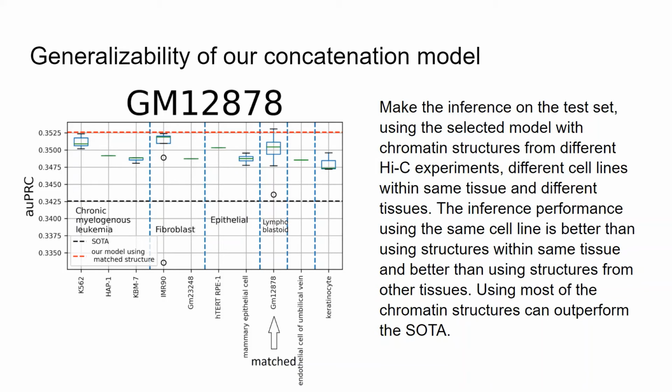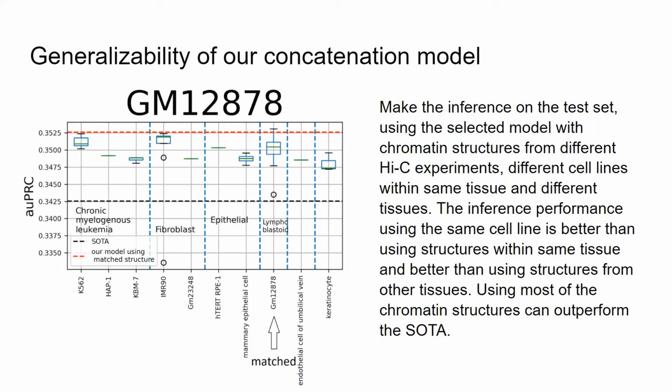Each box plot shows the performance of each cell line, and each point is for one bioreplicate of Hi-C data. The red horizontal dashed line is the performance of our model using the matched chromatin structure used in the training and test.